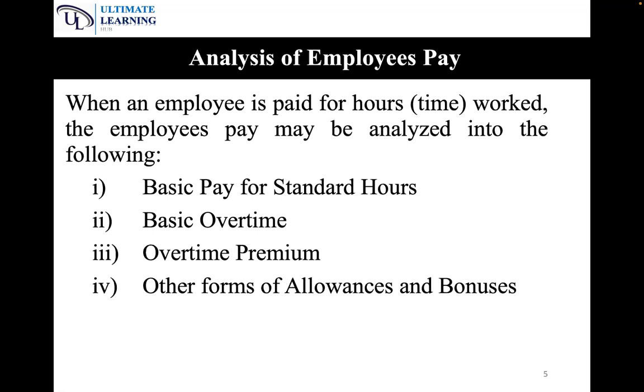The 20 out of the 30 is known as basic overtime. The extra 10 is known as overtime premium. And then you can be given any other benefit in the organization. That is number 4, other forms of allowances that an employee can be provided with.